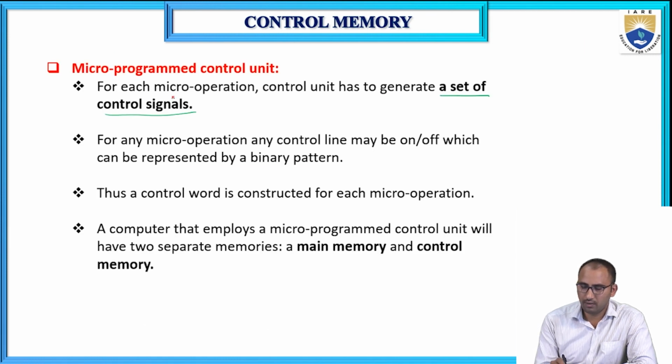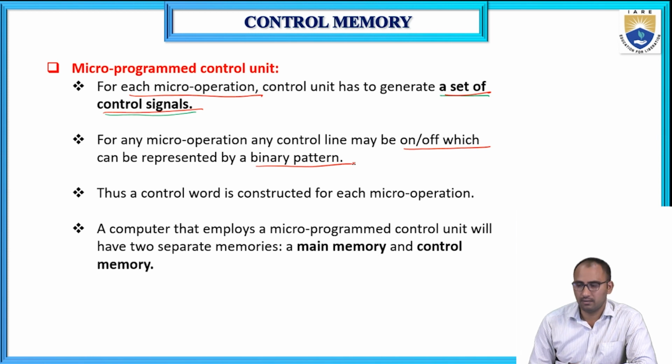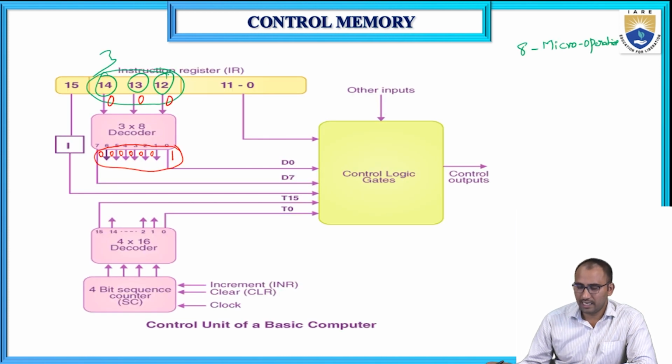Okay. So for each micro operation, the control unit will generate a set of control signals. And for any micro operation, any control line may be on or off, which represents a binary pattern. For the next sequence, suppose you take all ones, then it will generate a different pattern. What will be the pattern generated for the inputs 1 1 1?